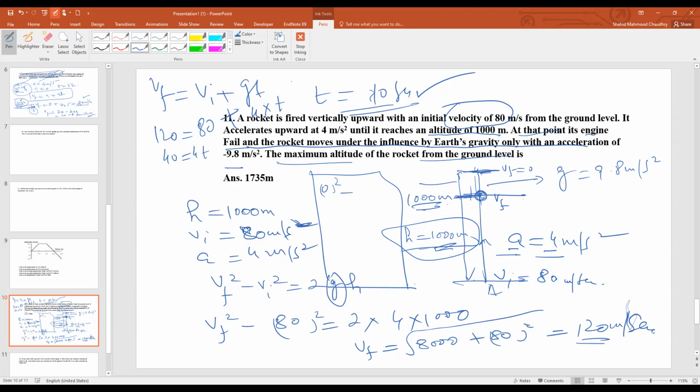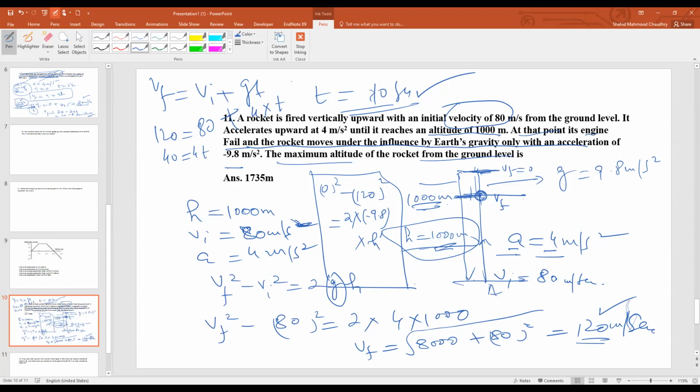When it is here, what is the velocity? 120. So 0 squared minus 120 squared is equal to 2 into g, where g is minus 9.8, times the height. We want to find this height; we don't know it.